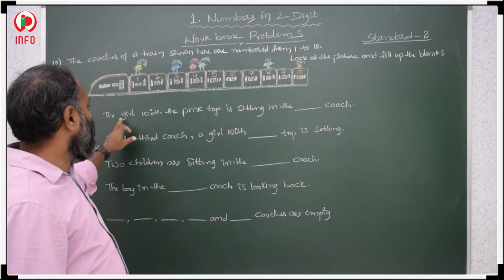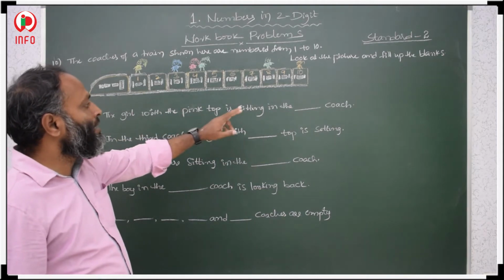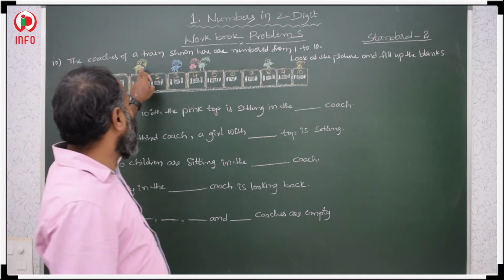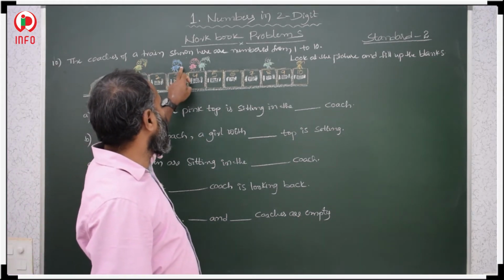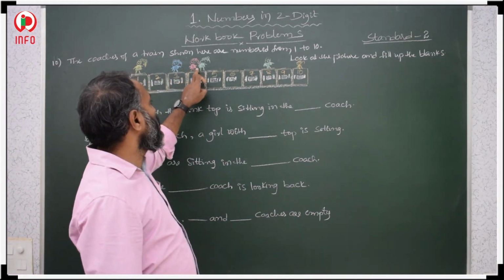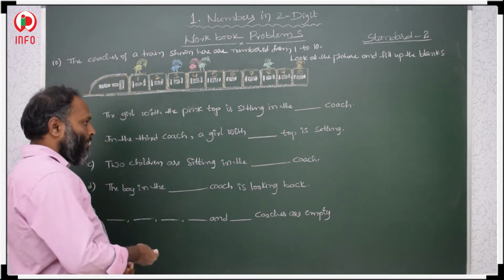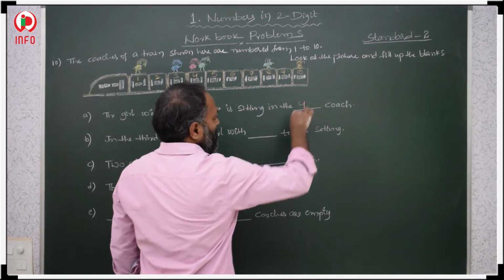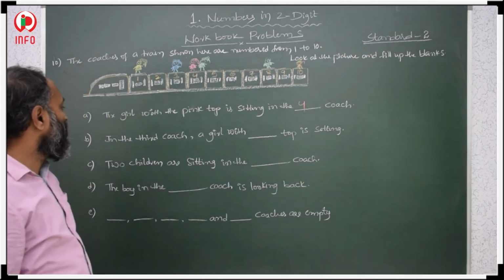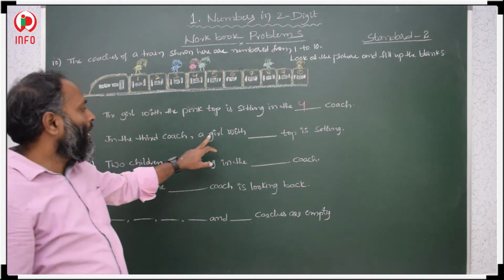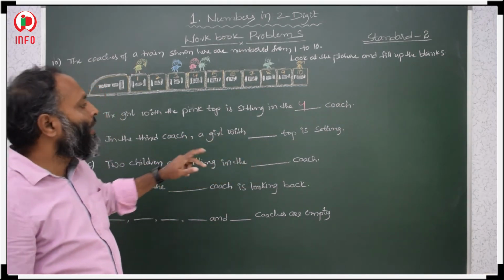First one, the girl with the pink top is sitting in the dash coach. Pink color. Here yellow color, blue color, pink color. So pink color is on the fourth coach. Okay. Now in the third coach, a girl with dash top is sitting.